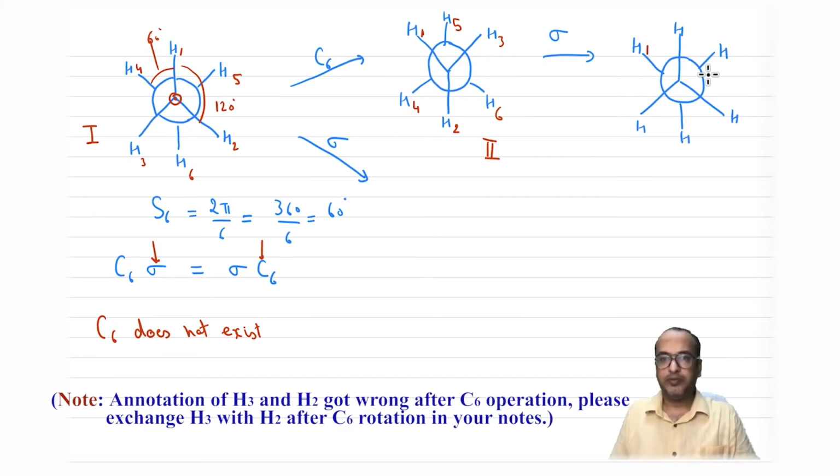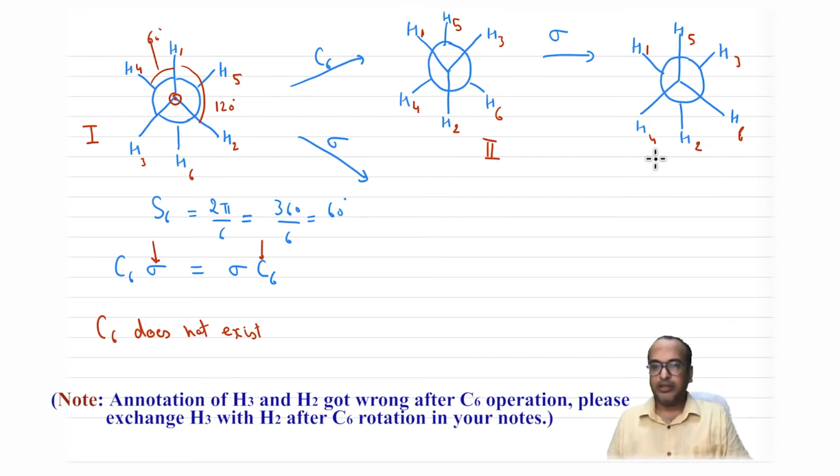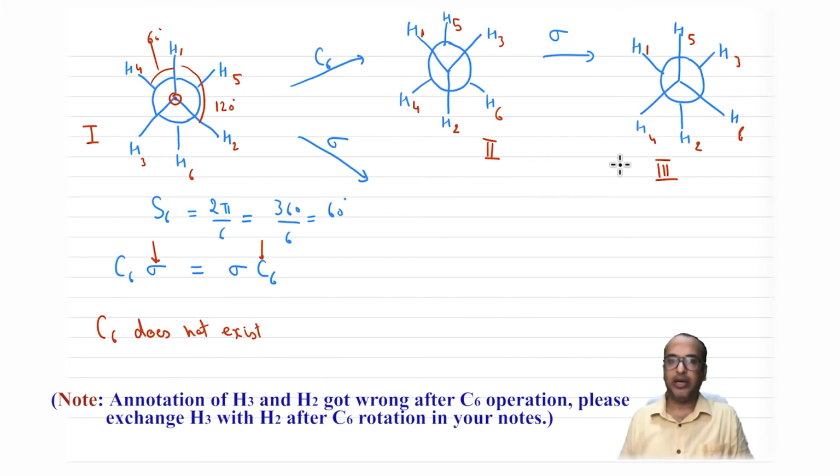So H1, 2, 3, and then this is 5, 4, 6, right? So now you can see, let's say if this is our third, so first and third are equivalent, because you can see that this is inverted y, this is inverted y over here, and then there's the upright y at the back, upright y at the back. So you can clearly see that the first and third orientations or configurations are equivalent.